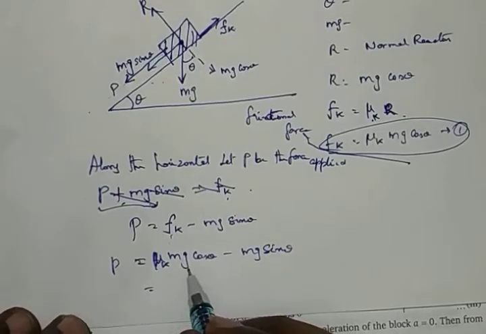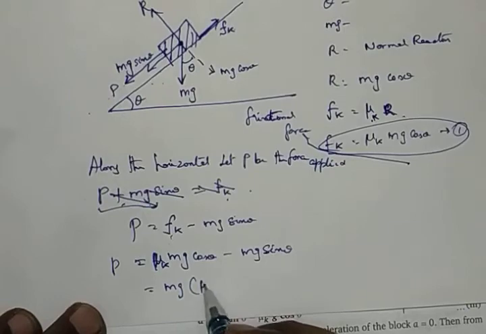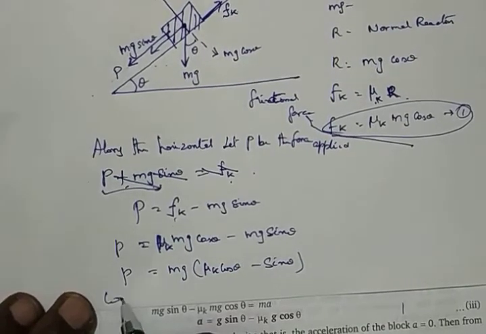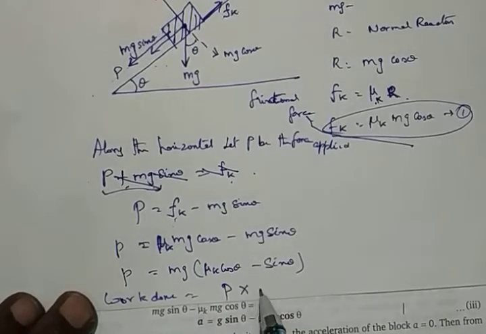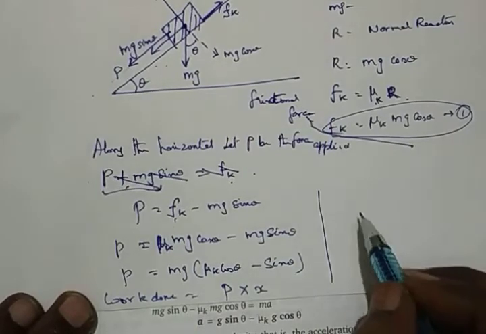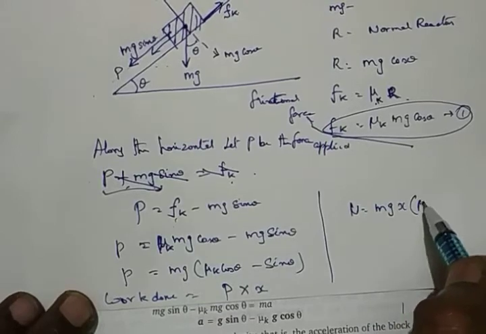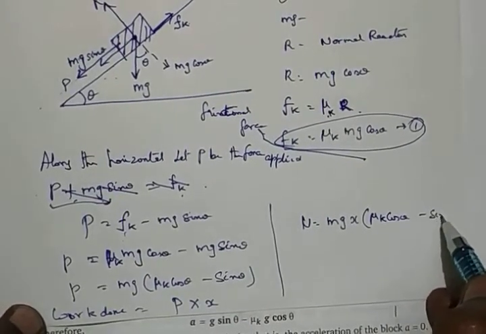You can take mg outside, so it is mg times mu k cos theta minus sin theta, equal to P. If you want to write the work done, what is work done? If you move for a small distance here, it is P into the small distance. So work done is equal to mg into x into mu k cos theta minus sin theta.